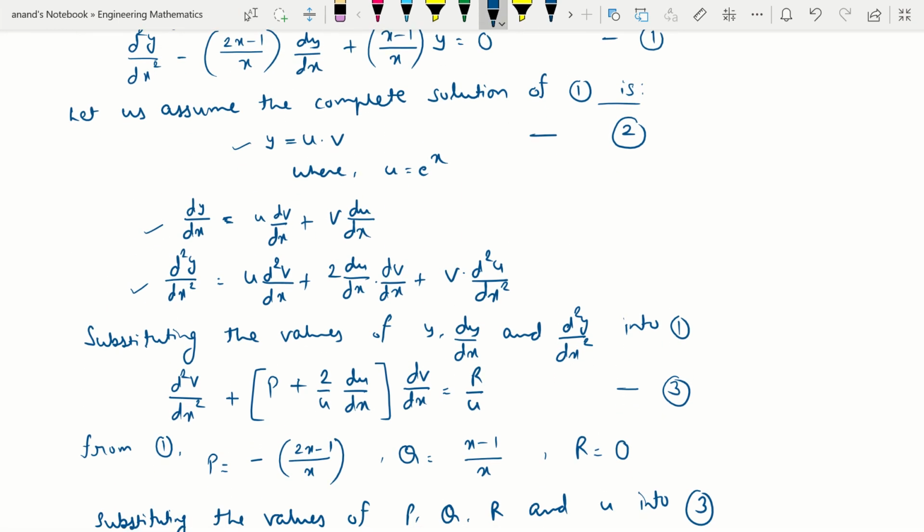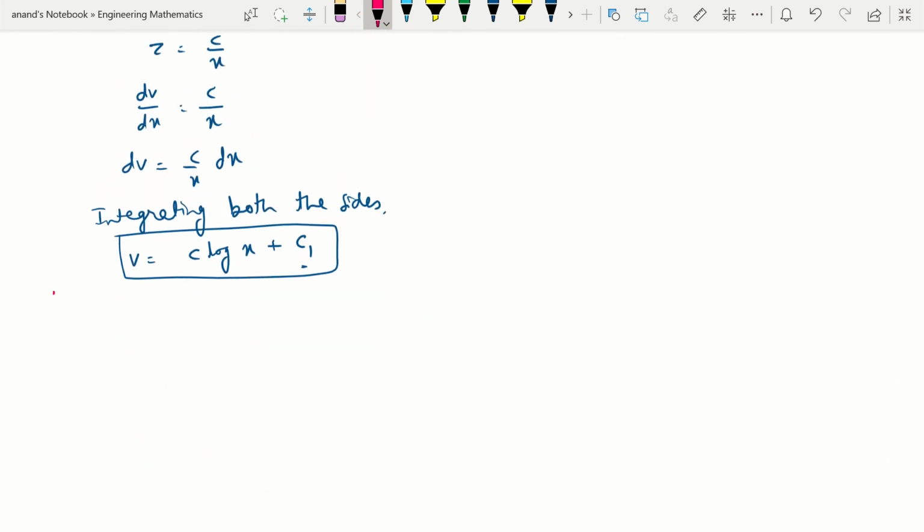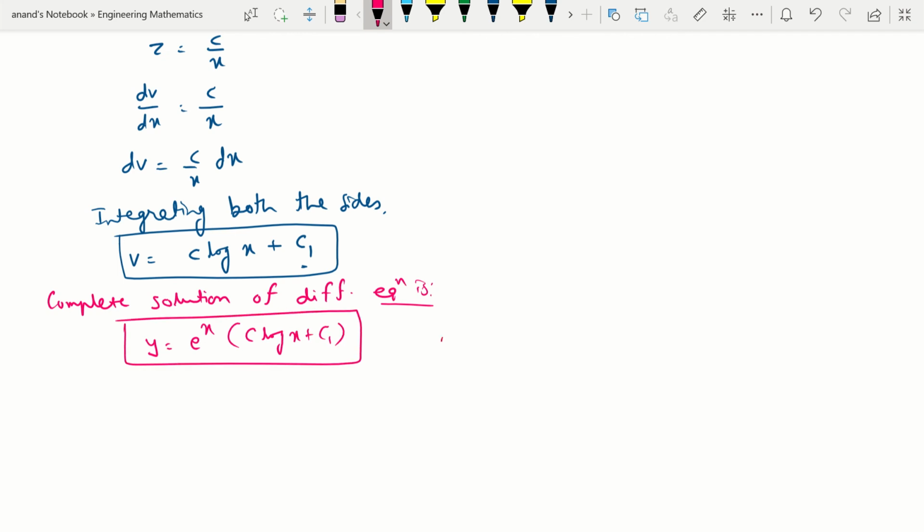So from equation number second, we can obtain the required solution. We can write the complete solution of the differential equation as y equals e to the power x into (c log x plus c1). This is the required answer. Now let us take one more problem based upon the same concept.